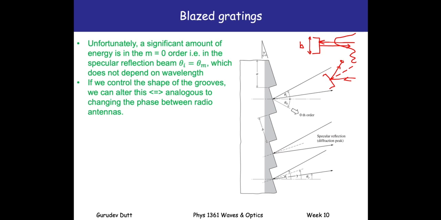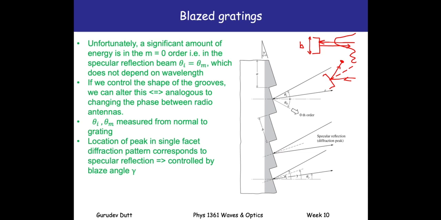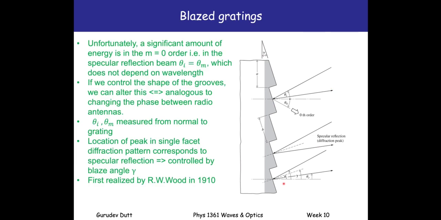The principal maximum of the diffraction pattern from a single facet is now at an angle relative to the incident beam. So we use that idea to increase the intensity. The location of the peak in that single facet diffraction pattern is now controlled by this angle, the blaze angle as it is called, which is given by the tilt of an individual facet. As I said, it was first realized by R.W. Wood in 1910.